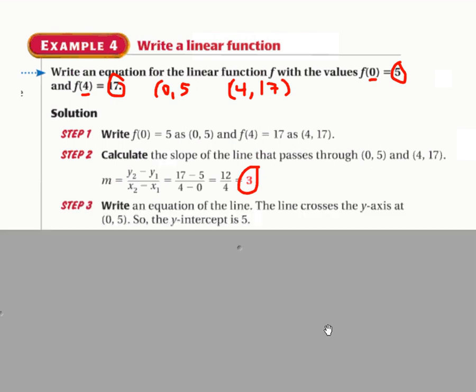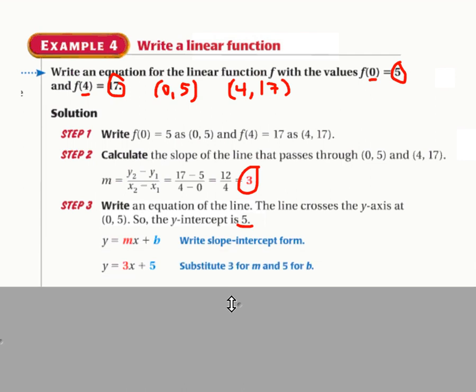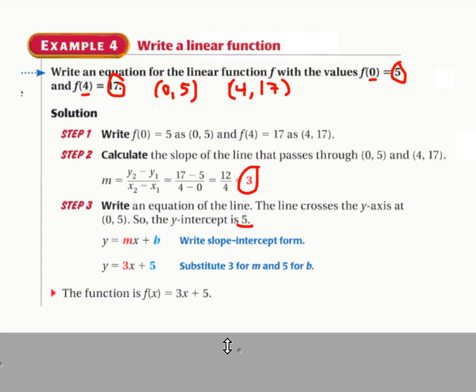I know that it crosses over the y-axis because if I were to graph this point, it would be (0, 5), so it would be on the y-axis. So I know that my y-intercept is 5, meaning that the equation to my line is going to become y equals 3x plus 5. Okay, so that's what our function would be. To make it a function, remember I'm going to equal it to f of x instead of y. Okay?